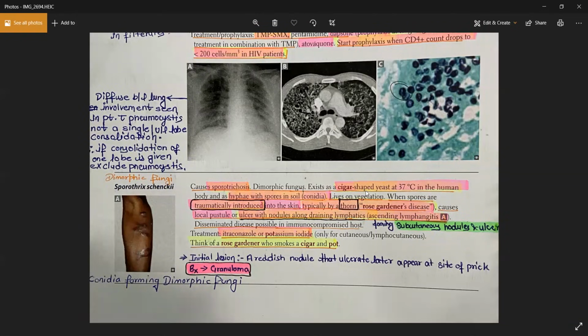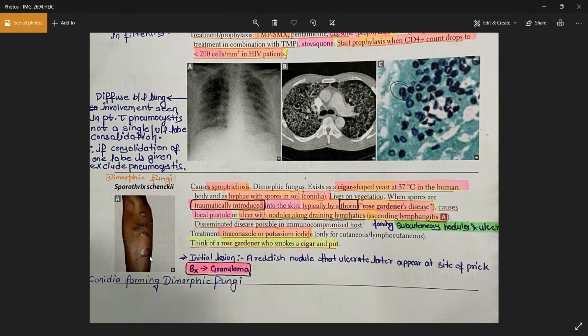When it is traumatically introduced into the body, it travels through your skin and through your lymphatics, causing pustules, ulcers or nodules in an ascending fashion. Like if you get injured by a thorn prick at the wrist, then starting from the wrist up to the axilla, you will get ulcers, nodule formation or local pustules in an ascending fashion.